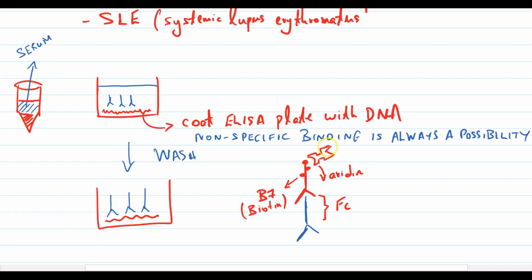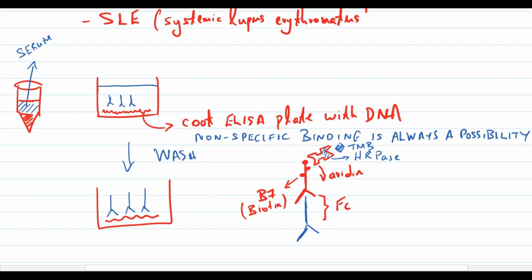And this part is going to be the enzyme part, which in many cases is horseradish peroxidase, which would take your TMB and give you a nice bluish color or yellow. Okay? So that's the idea.